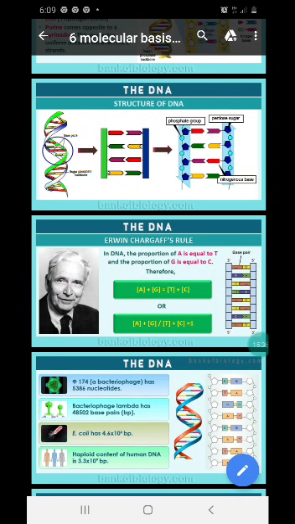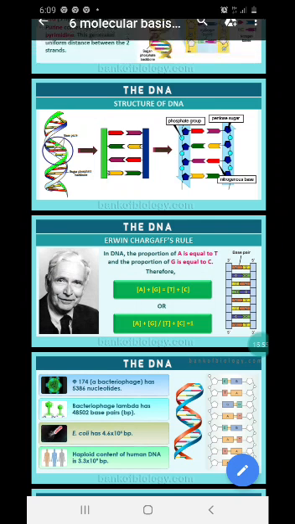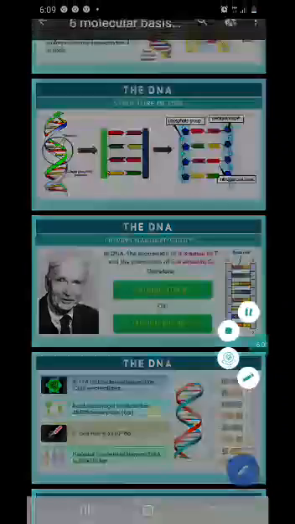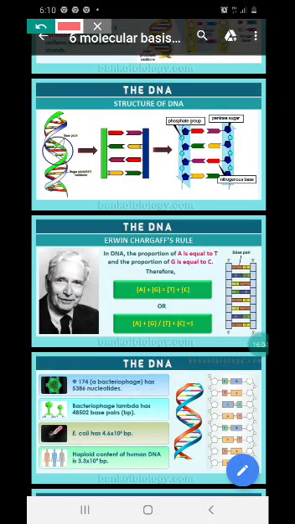Now you know that the nucleotides are made up of base pairs, so we can call the DNA molecule a polymer of nucleotides or a polymer of base pairs. Also you should know that if there are 100 adenine molecules, there should definitely be 100 thymine. Yes or no? Yes. If there are 50 guanine, there will definitely be 50 cytosine.